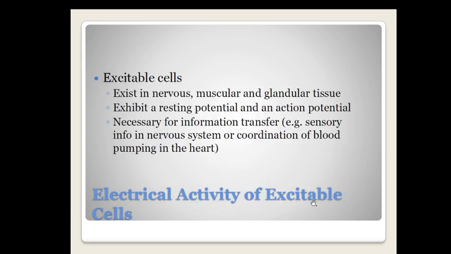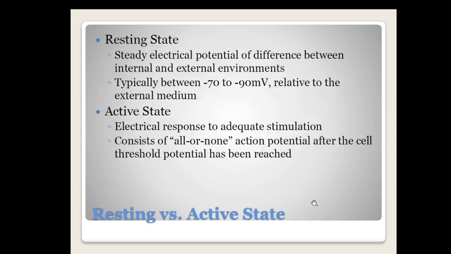Next, excitable cells exist in nervous, muscular and glandular tissue, and exhibit a resting potential and an action potential necessary for information transfer. For example, sensory information in the nervous system or coordination of blood pumping in the heart. And the different states of potentials are the resting state as well as the active state.